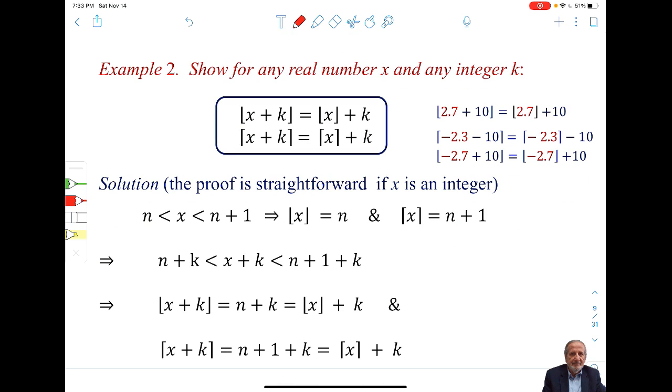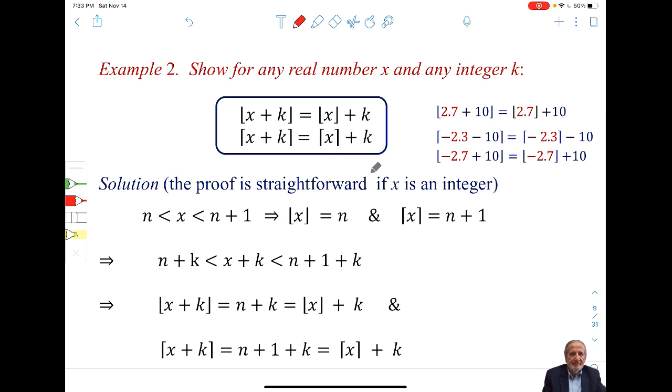Now this is a very important property that we are going to be using quite a bit in this lecture. If you have any real number x, and any integer k, the floor function of x plus k is the floor function of x plus k, and the ceiling function of x plus k is the ceiling function of x plus k.